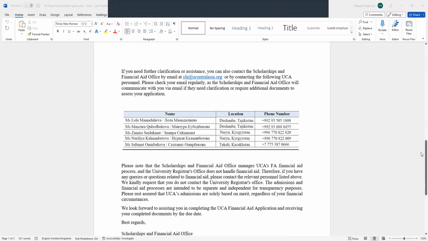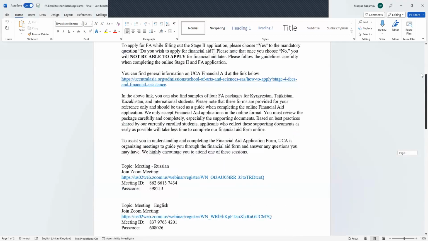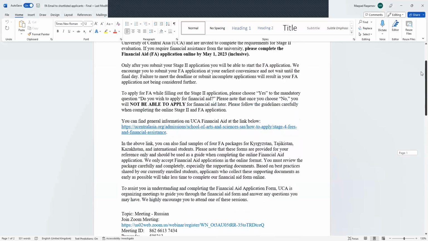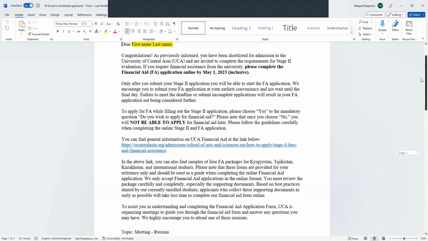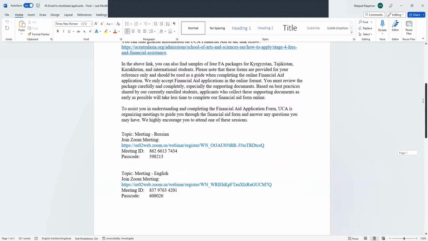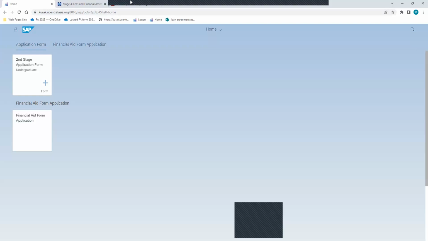So when you receive this email, and surely you had received a link to the stage 2, and when you open that stage 2, now let me share my browser.